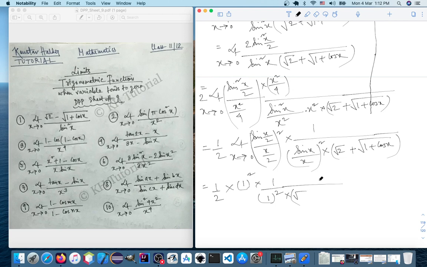So this becomes root 2 plus root 2. This becomes 1 by 4. This becomes 1 by 4 root 2. This is the answer.